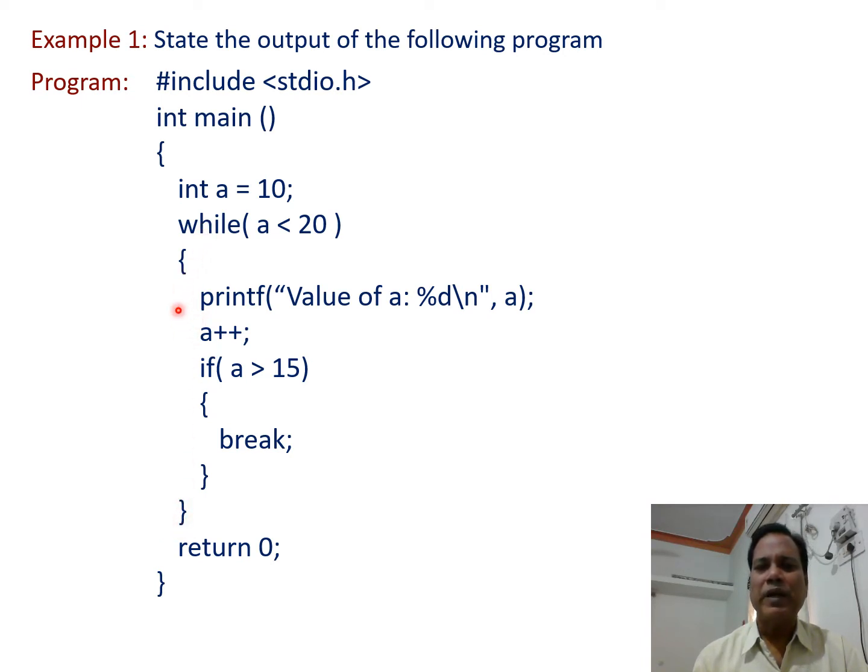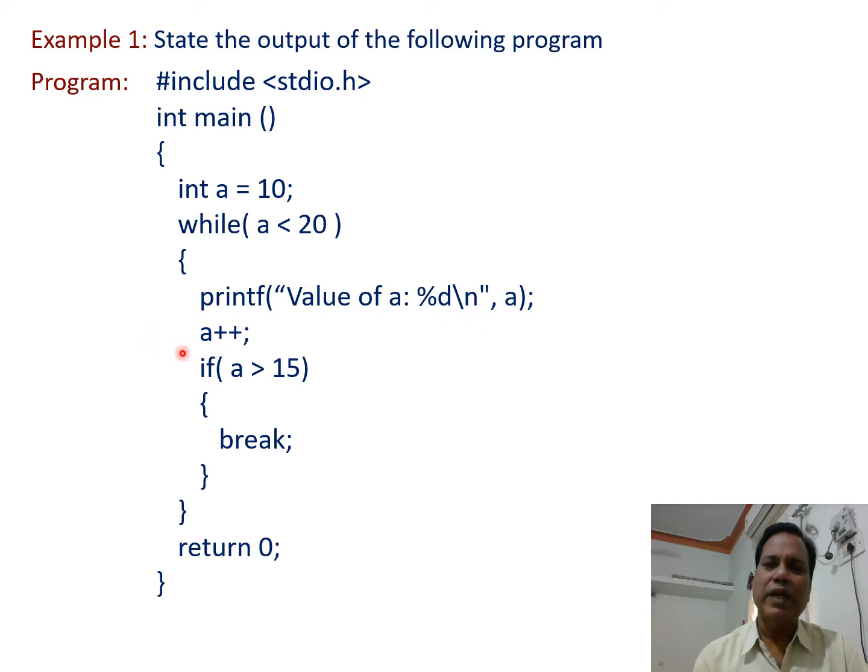That is within open and close brace. So in the body of the while loop, we see printf value of a colon percentage d. So at this format specifier, the value of a is printed. So value of a colon 10 is printed and then slash n brings the cursor in the beginning of new line.